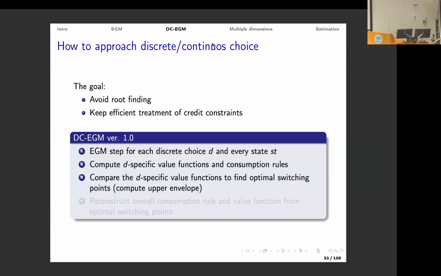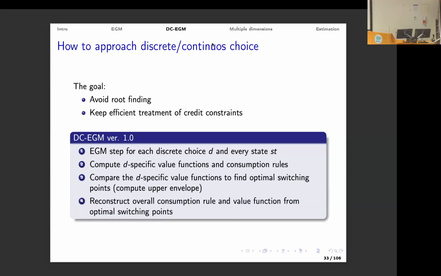These are the value functions corresponding to these different options in the discrete choice set. If we compare them, we can calculate in which regions of the state space of wealth it's going to be better to be in one regime or the other regime. And a pretty straightforward upper envelope exercise. We just want the maximum of these multiple choice-specific value functions.